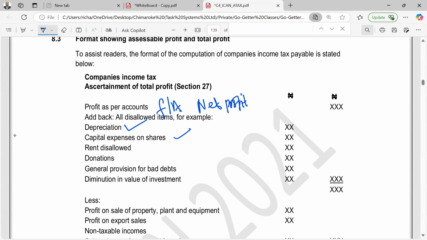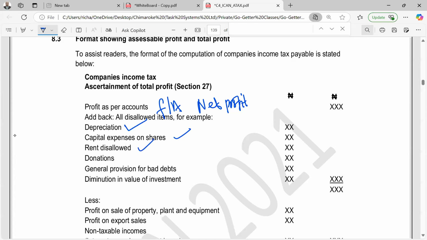Let's say your office space is in one of your rooms, you're living in a duplex, and one of the rooms, or two of the rooms, is the office space. These are the only portion that is supposed to be allowed. So you now decide to put the whole rent. The other aspects that are not for office use are disallowed, and so you add them back.